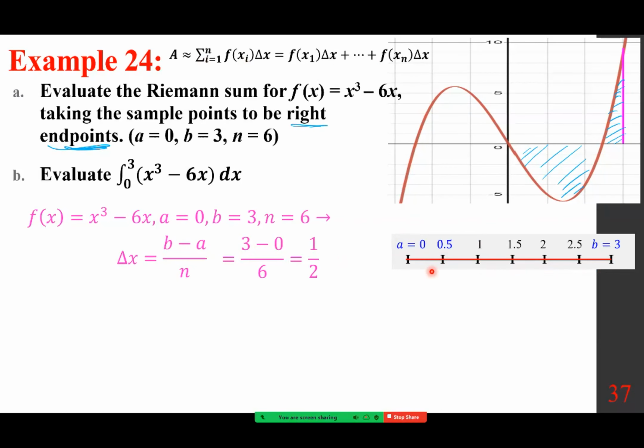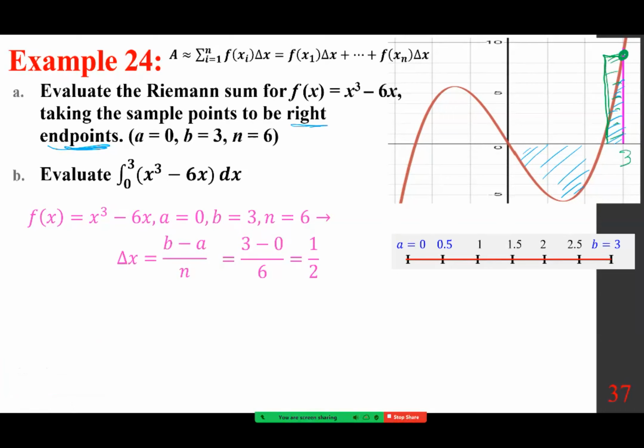So you really have over here this part, this part, this part, this part. For this one, for example, I'll show you just two of them. The last one is easy to see. This is almost half. So this would be the rectangle with the height being f of this point or f of 3, okay?